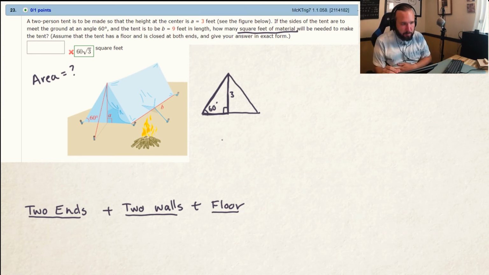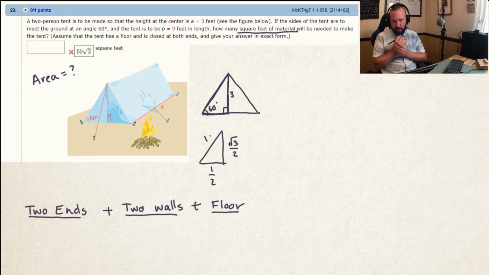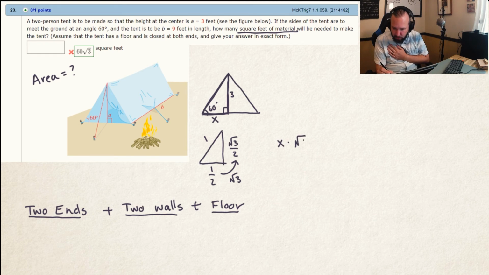So the basic 30, 60, 90 triangle looks like a square root of 3 over 2, a 1/2, and a 1 there. Okay, so that means that to turn this piece into that piece, I always need to multiply by the square root of 3. So if I put an x down there, what I know is that x times the square root of 3, right?